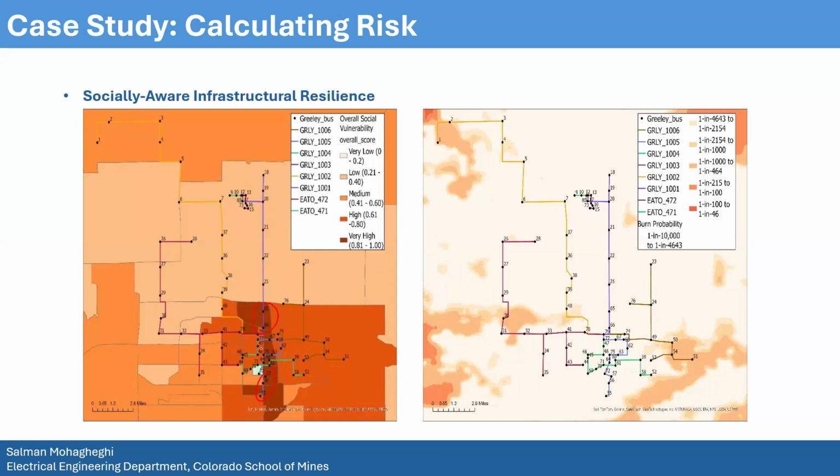So that would be the consequence aspect of the risk. So by looking at probability that comes from the wildfire map and consequence, which comes from the social vulnerability map, we can look into a risk-based analysis of this distribution system, in this case for the city of Greeley, in order to improve its resilience.